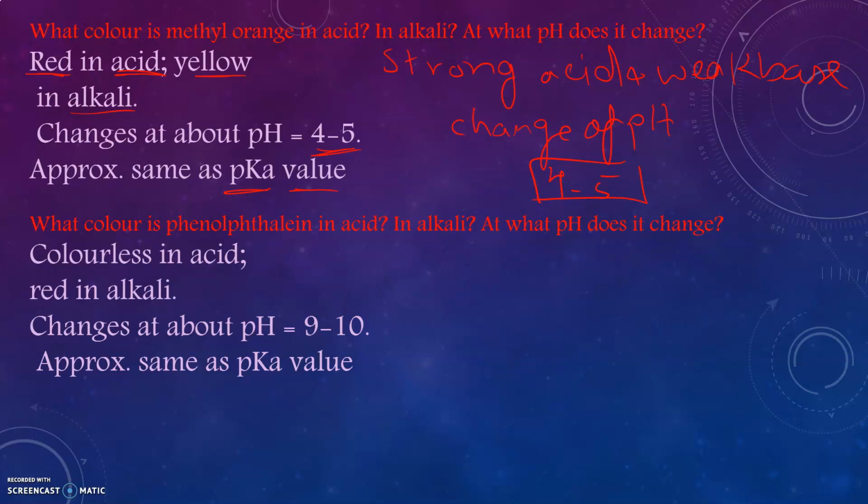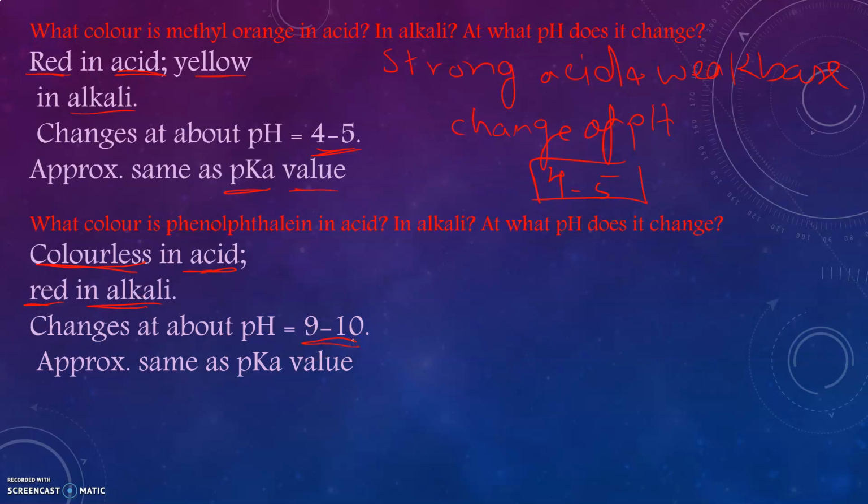Now, what color is phenolphthalein in acid, and what color is it in an alkali, and the pH change? Actually, phenolphthalein is colorless in acid, and it's red in alkali. The change of the pH is from 9 to 10.